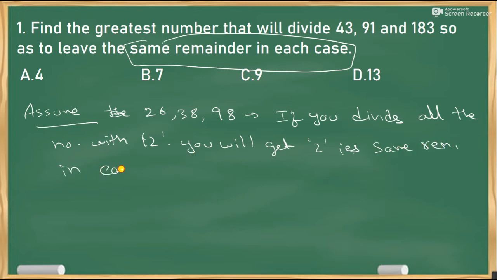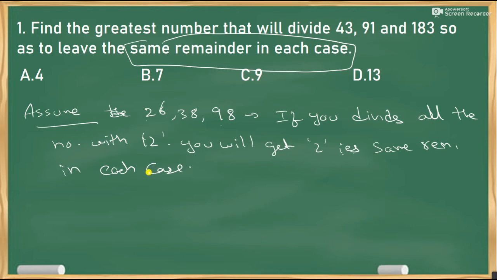So assume 26, 38, 98 is a given set of numbers, and if you divide all the numbers with 12, you will get 2. That is the same remainder in each case.